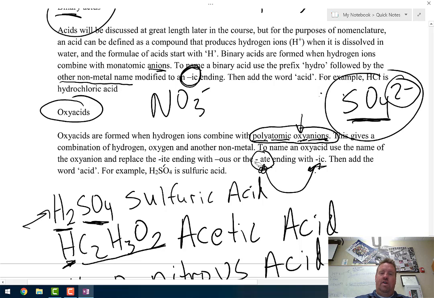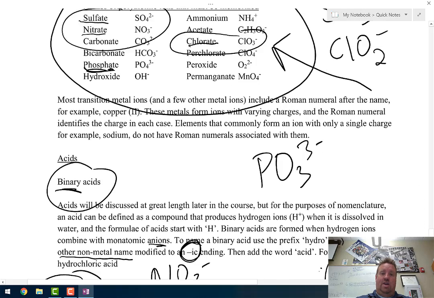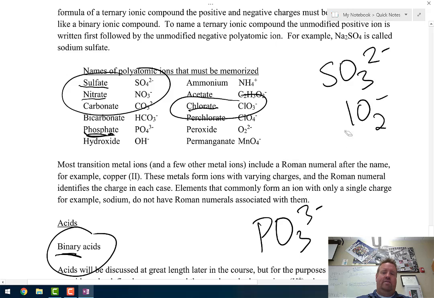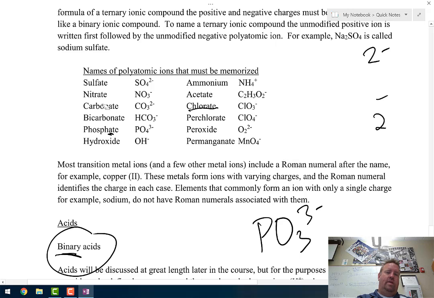You can have the acid that ends in ATE, and you can have it where it ends in ITE. And remember, ate becomes ic, and ite becomes ous. And again, in order to do that correctly, you have to have these 12 polyatomic ions here memorized.